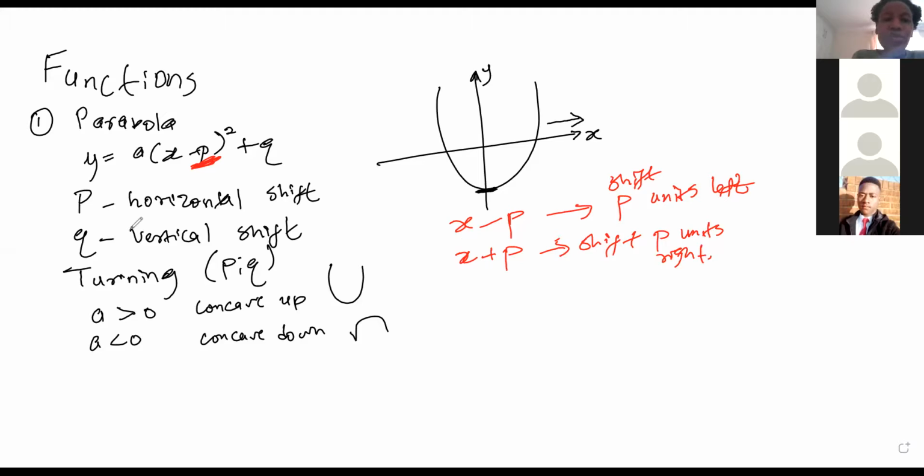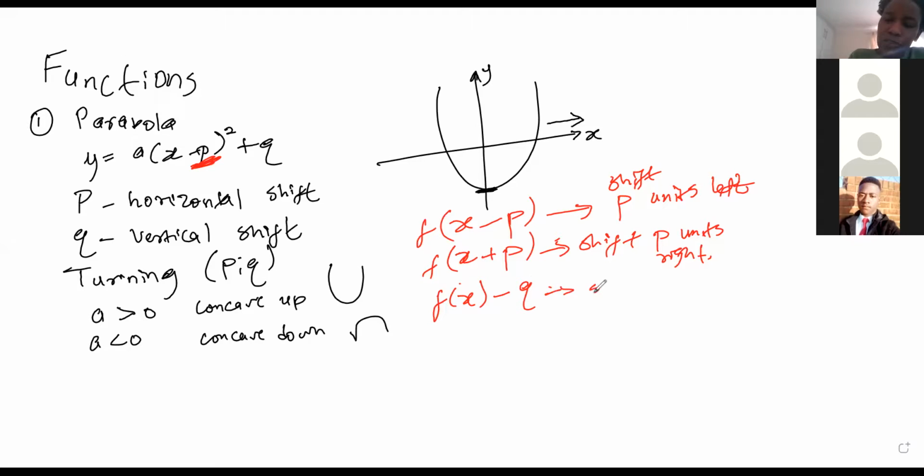Okay, and then q, we said q is going to move the graph up or down, right? So where you have x minus p, you would have x plus p on the shifted function. And on this one, you will have that original function, but they will say minus q. So if it's like this, then your graph will shift q units up. Wait, let's see, no, with a minus, down.